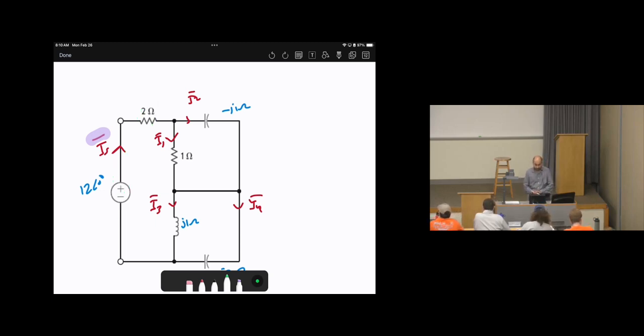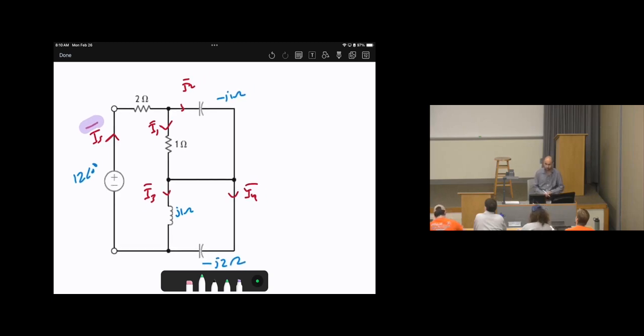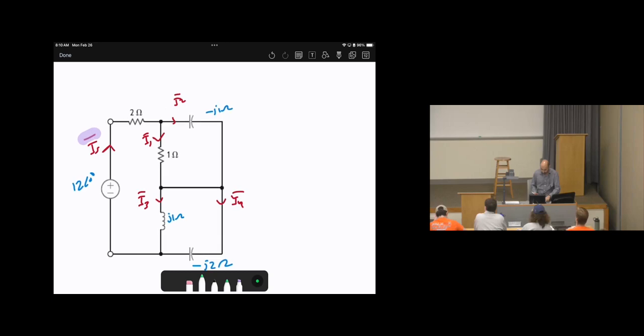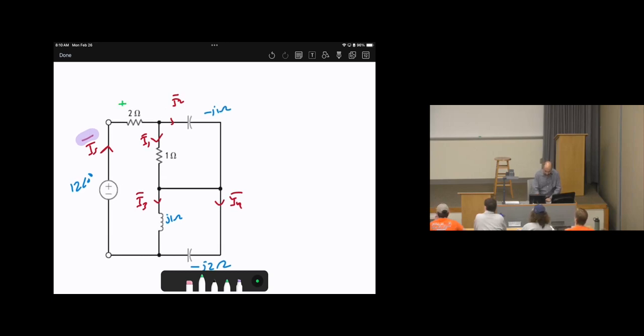Anyway, the next step after labeling all of the current directions is the voltage polarities. For the resistors, we will no longer say resistors, let's say impedance. Everything in ohms, in AC will be called impedance. So for the first 2 ohm impedance, we need to make sure Ohm's law is positive, therefore we will not let the arrow enter the positive sign. So this will be VA bar.